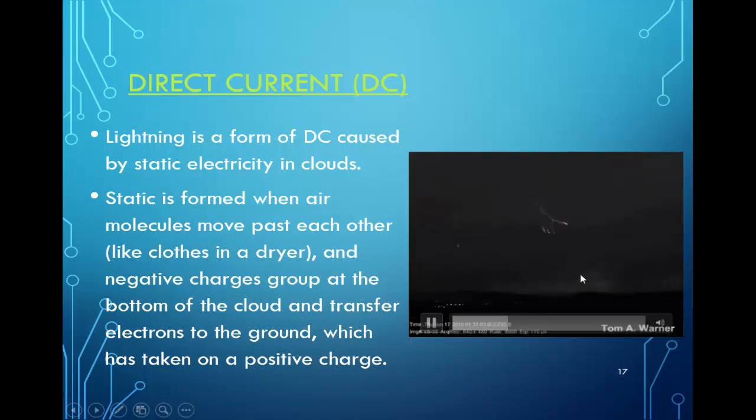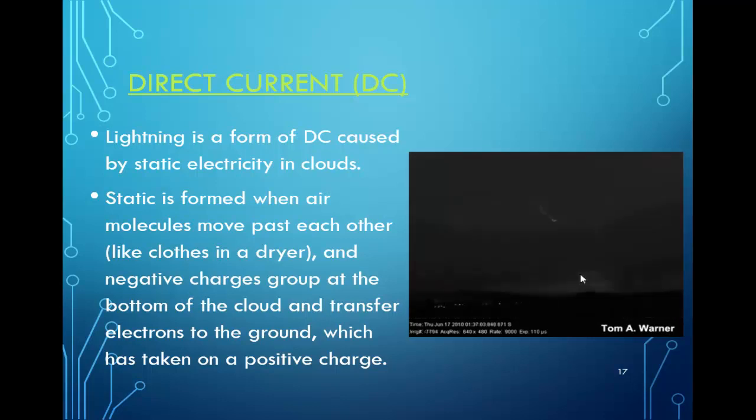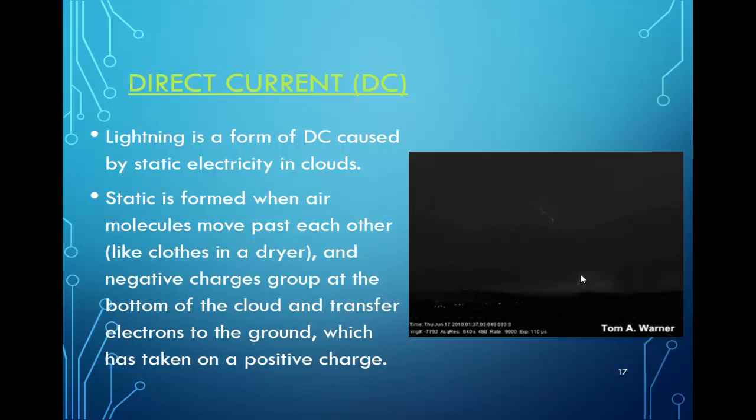Static is formed when air molecules move past each other, like clothes in a dryer, and negative charge groups at the bottom of the cloud and transfers electrons to the ground, which has taken on a positive charge. It means that positive charge and negative charge hit each other, and it happens fast.